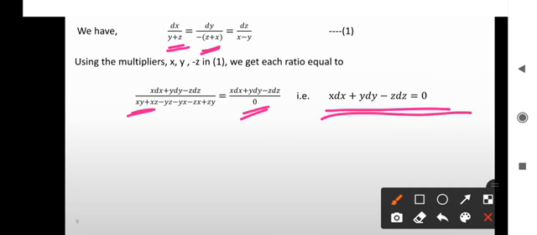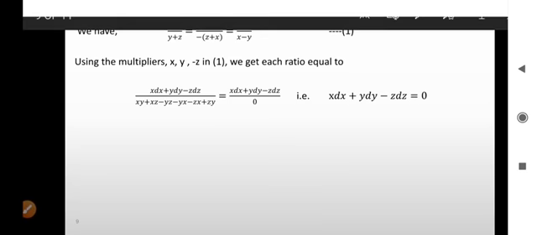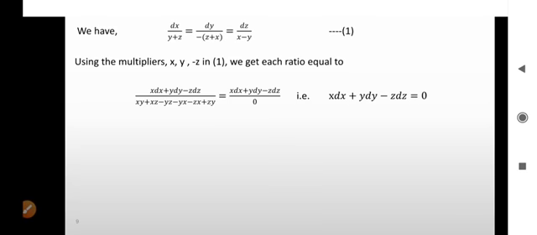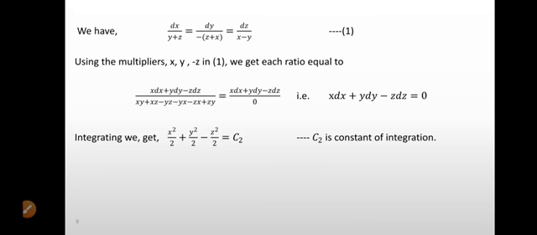Now just you have to integrate this result so that we get the another solution. So integrating we get x square by 2 plus y square by 2 minus z square by 2 equal to another constant of integration c2. Simplification gives x square plus y square minus z square equal to 2c2.